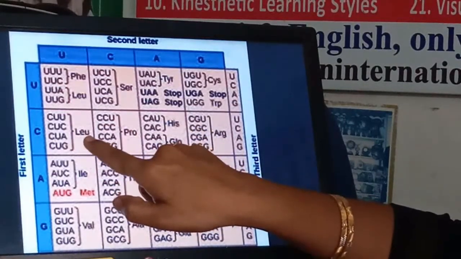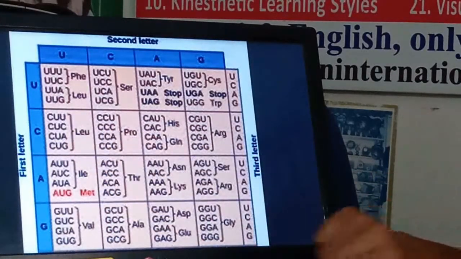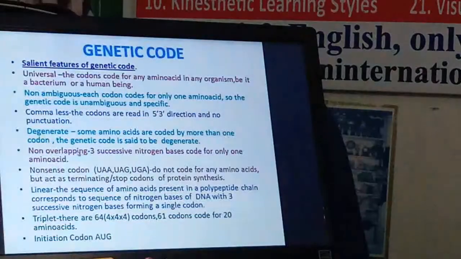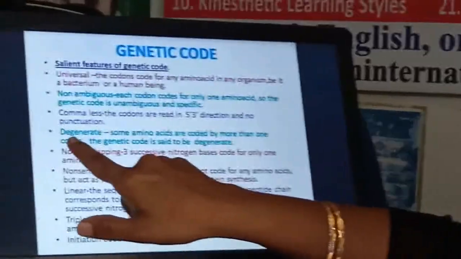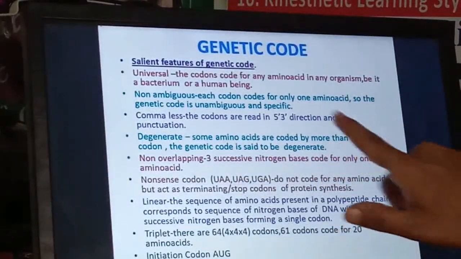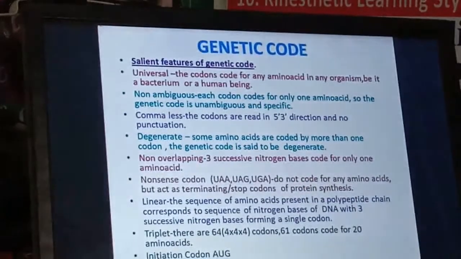It means leucine is coded by 1, 2, 3, 4 types of codons. So in this way, the genetic code is degenerate, meaning more than one codon codes for only one type of amino acid.